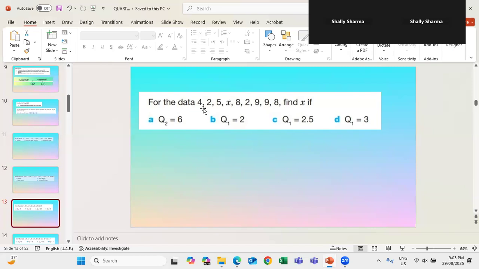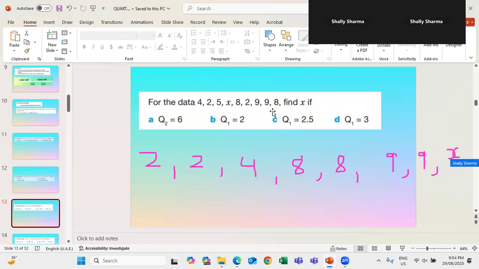So we have 4, 2, 5, x, 2. The smallest value I can see is 2, and it occurs 2 times. Then we have 4, then 5, then 8 2 times and 9 2 times, and then I will write x.